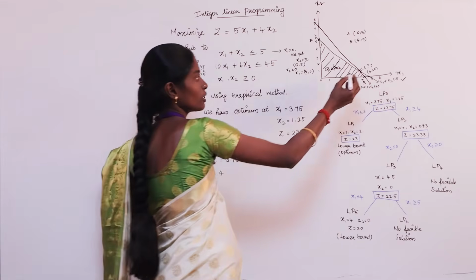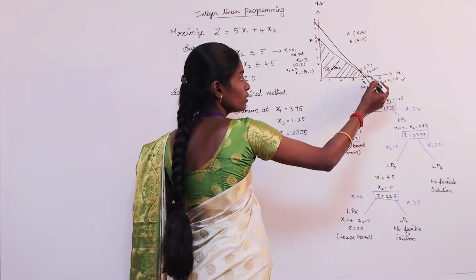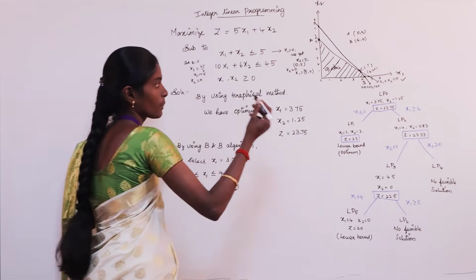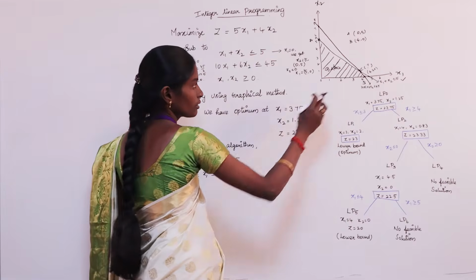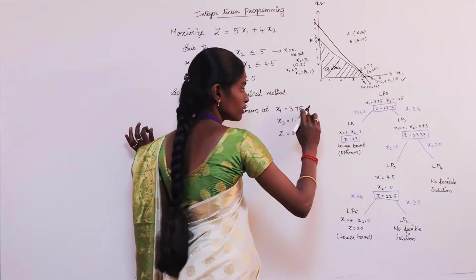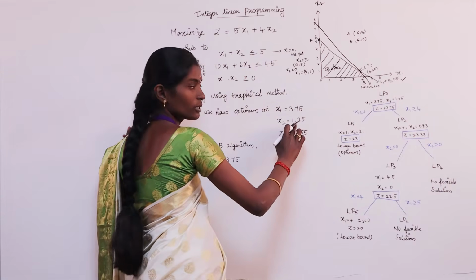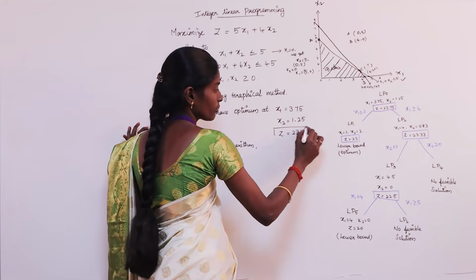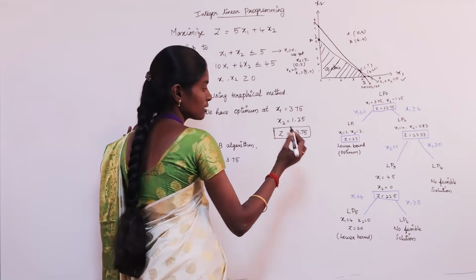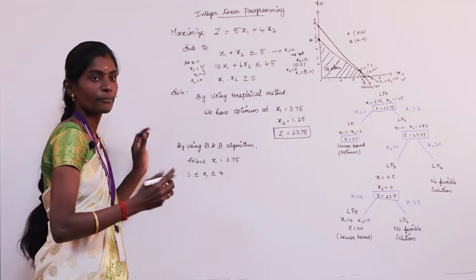For this, we are solving the two constraints. Solving these two constraints, we get the point x1 equal to 3.75, x2 equal to 1.25, and z is equal to 23.75. This is the usual graphical solution.